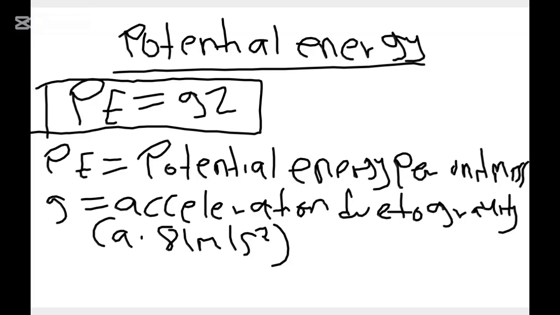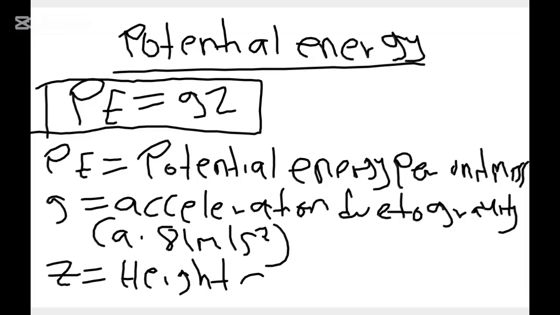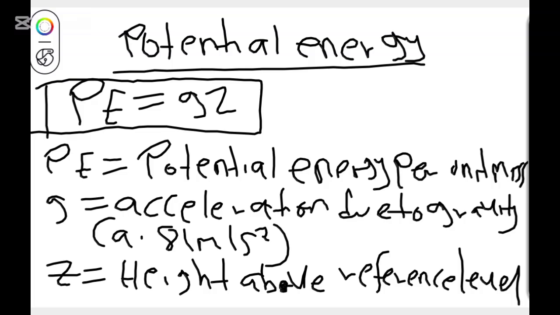And you have to take note that the z is the height above the reference level. So this is the potential energy formula that you might write down, and it's very important.